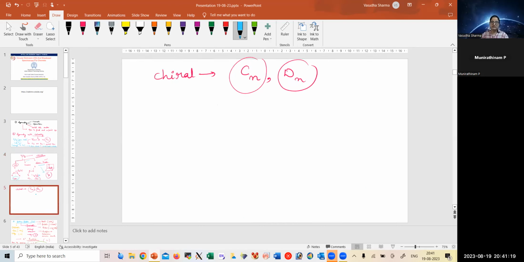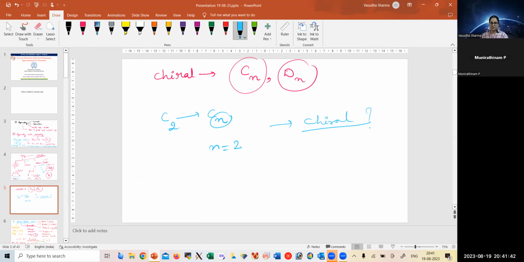That means C2 is nothing but belonging to Cn, where n equals 2. So this is a Cn. So it should be chiral, right? Just looking at the point group, we understand that it should be chiral.